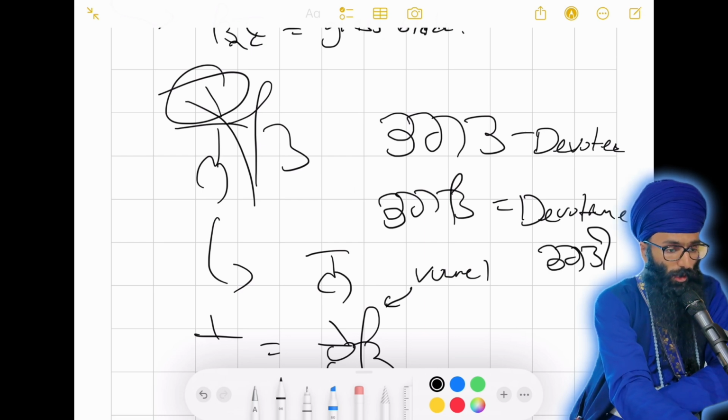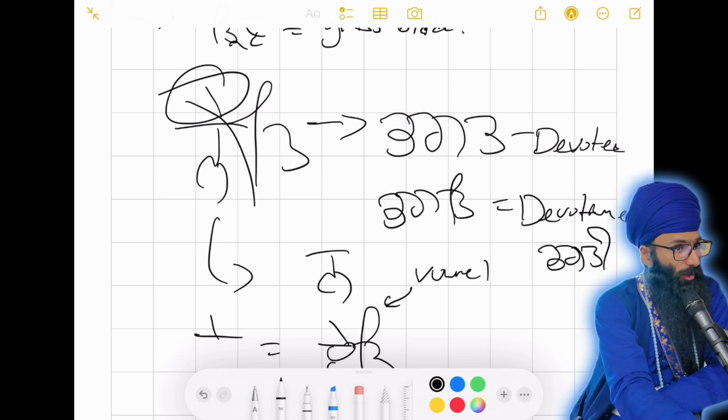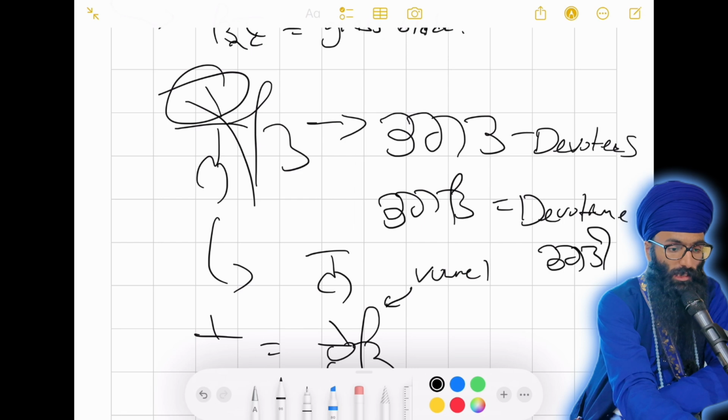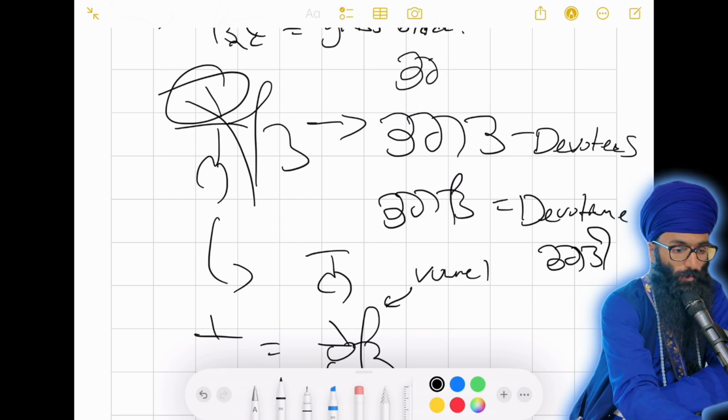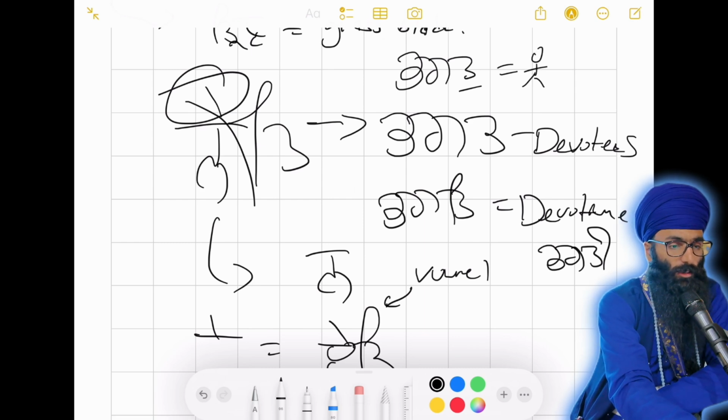So if it's just like this, bhagat, without the sihari at the end, it's just a mukta, it means devotees. It's plural. If it has a sihari at the end, it means devotion. If it had an onkar, it's referring to one devotee, singular.